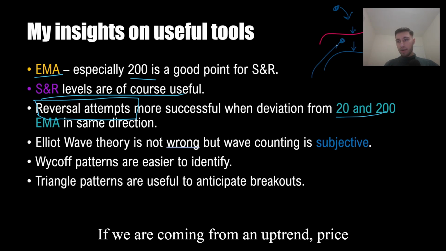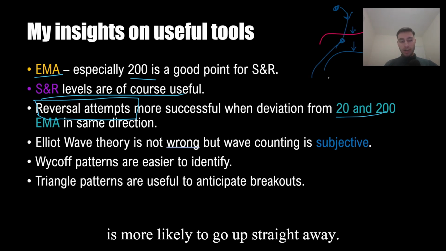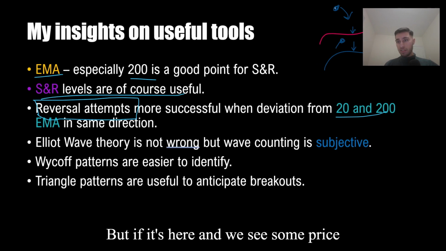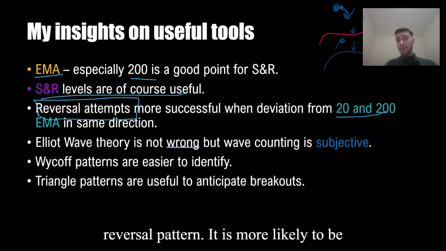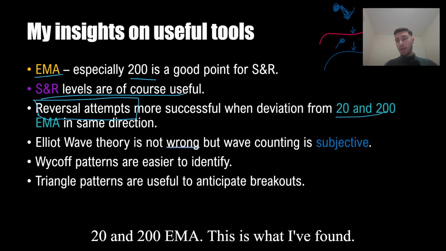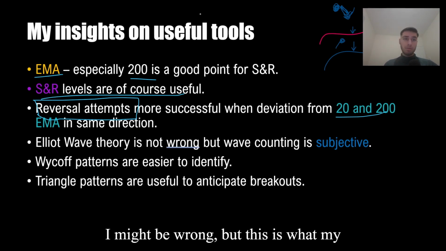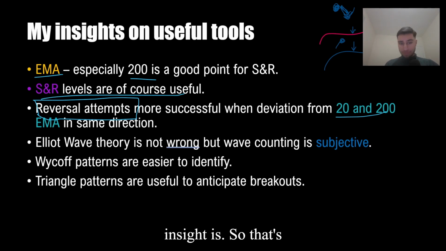If we are coming from an uptrend, the price is more likely to go up straight away. But if it's here and we see some price action in terms of candlesticks towards going down, which may indicate a reversal pattern, it is more likely to be successful when you're above the 20 and 200 EMA. This is what I've found. I might be wrong, but this is my insight.